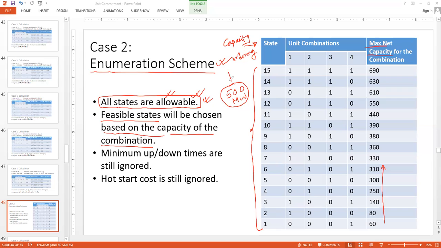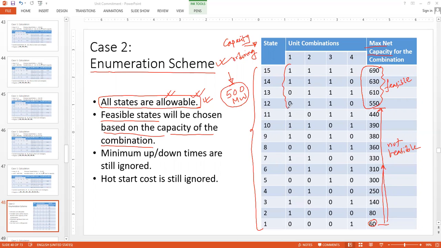If we have a 500 megawatt demand, then looking from here, the first state has a maximum net capacity of only 60 megawatts. If we go on up to this point, all these states are not feasible, and these states become feasible. This feasibility is found only based on the net maximum capacity for these combinations.